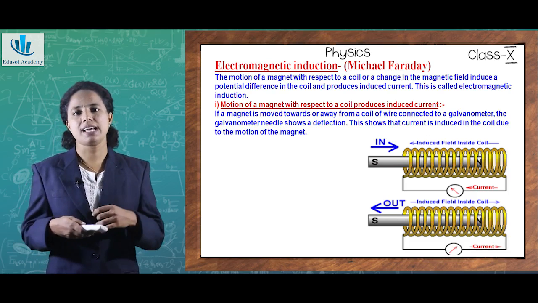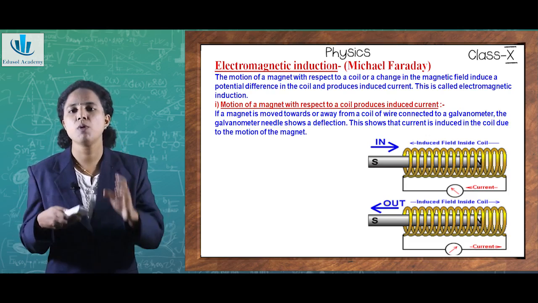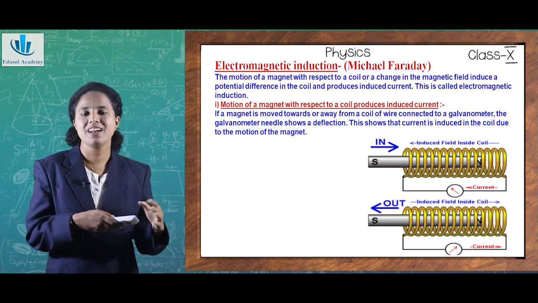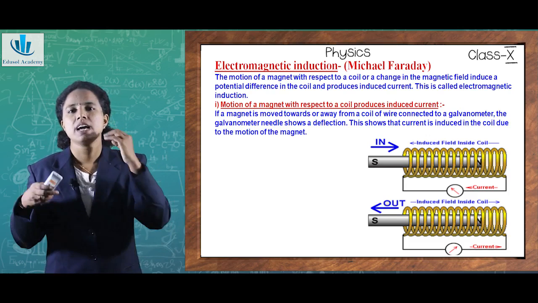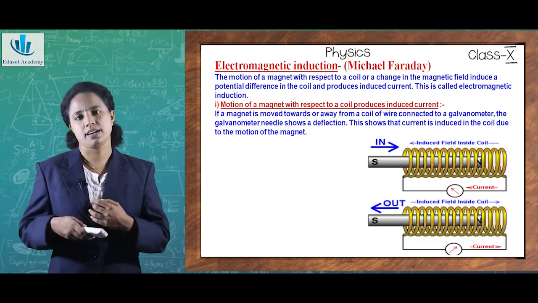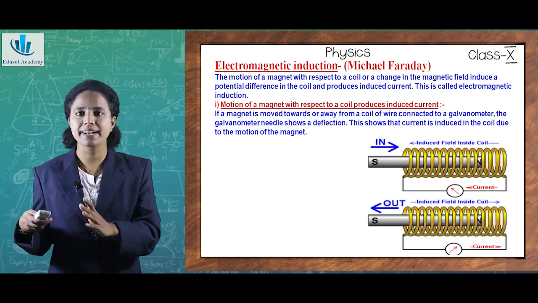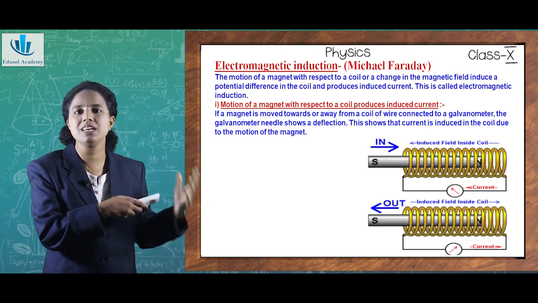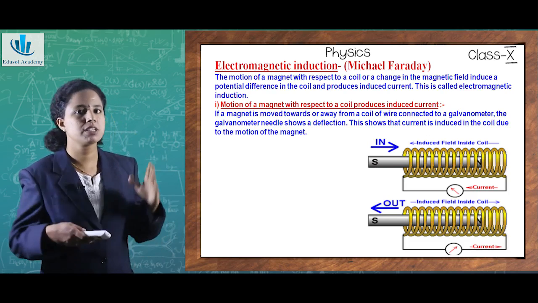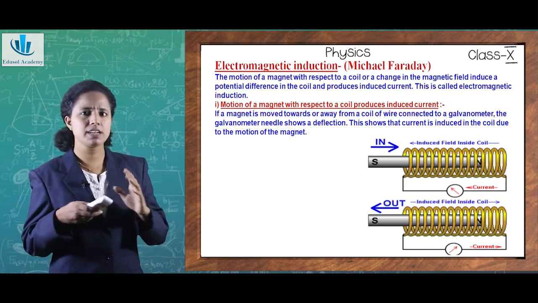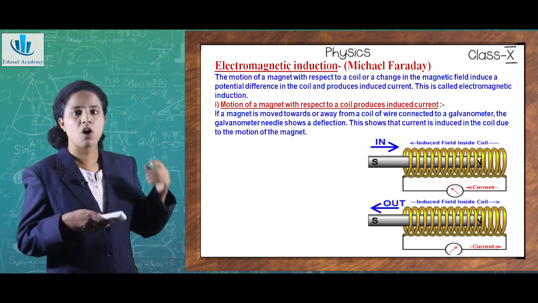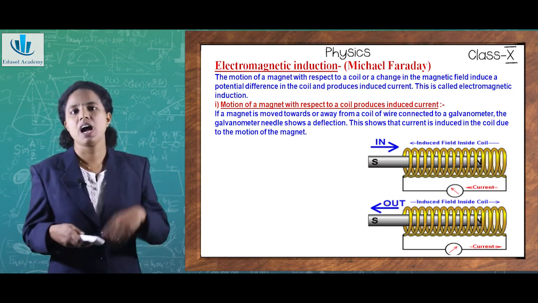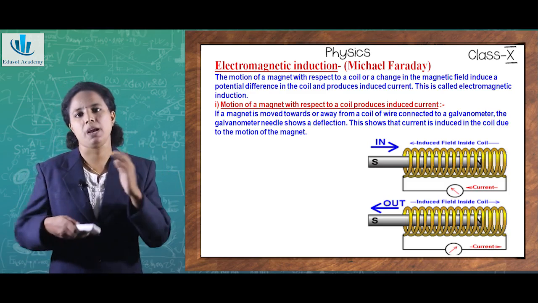So, we need to analyze how the motion of a magnet happens with respect to the produced induced current. So, the motion of magnet with respect to a coil, how it leads to the production of the induced current. As you can see in the picture, if a magnet is moved towards or away from the coil of wire, how will the galvanometer behave?